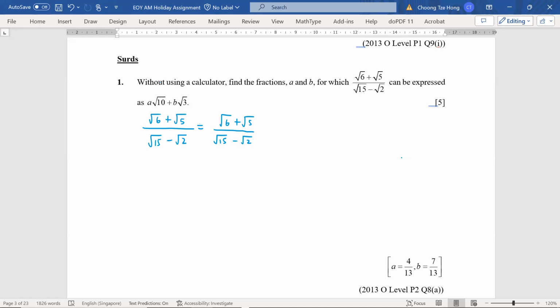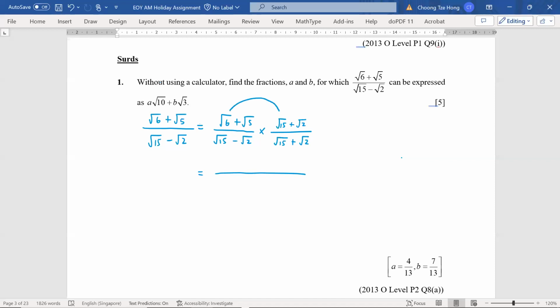We can rationalize it very easily by multiplying by the conjugate of the denominator. So we'll multiply by square root 15 plus square root 2. Remember, if we multiply by square root 15 plus square root 2 below, we need to do the same on top. For the top, we're just going to use the rainbow method to expand it.